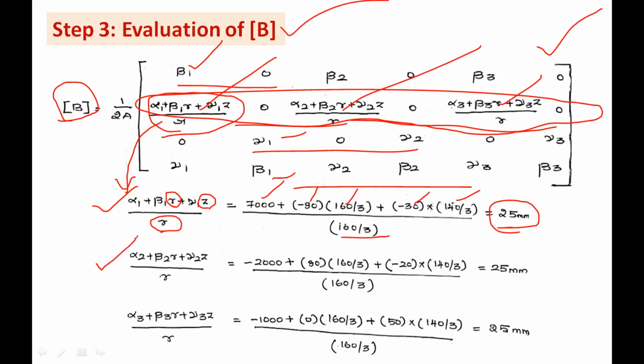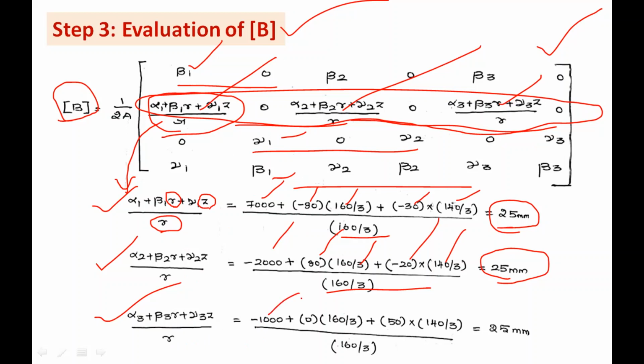Similarly, find the second one, alpha 2 plus beta 2 r plus gamma 2 z divided by r. Substitute all these values, alpha 2, beta 2, r, gamma 2, z and the r. Again we are getting this value also as 25 mm. Then find the third term in the second row, alpha 3 plus beta 3 r plus gamma 3 z divided by r.